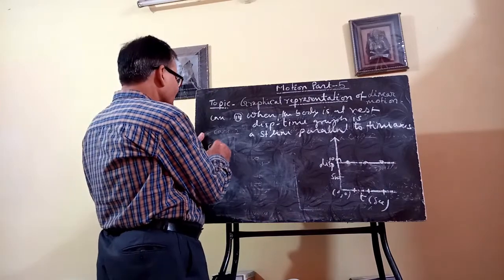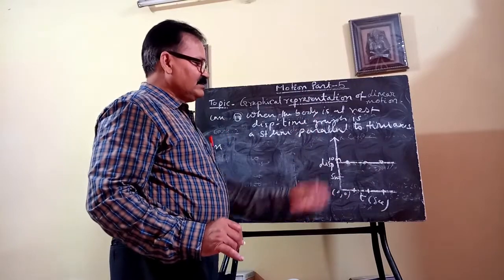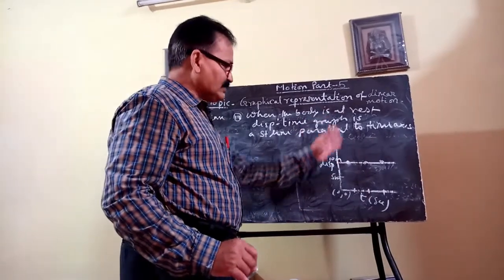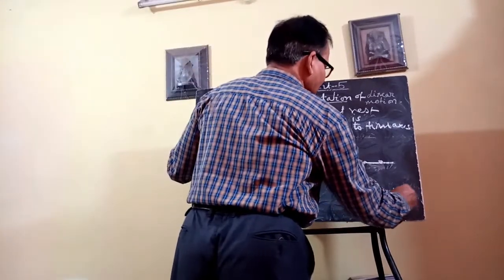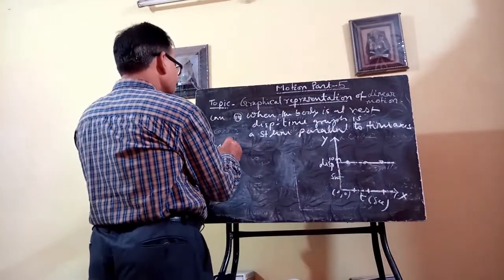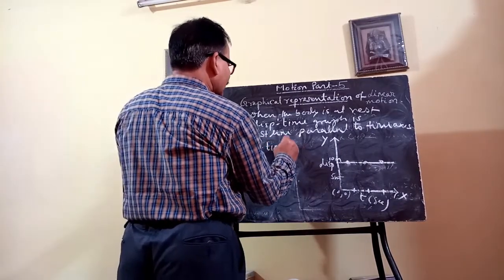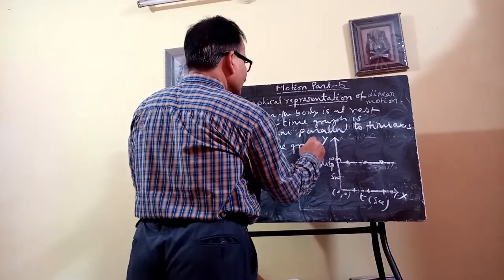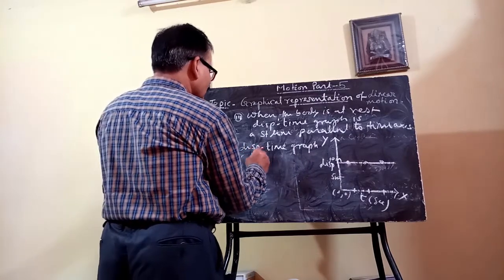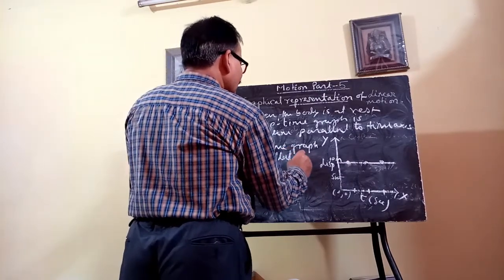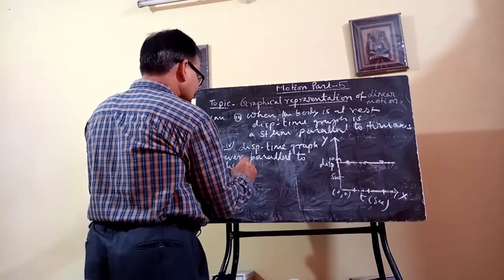Another case, the displacement time graph can never be a line that is parallel to your y axis. You again have to keep in your mind that the displacement time graph is never parallel to the y axis, that is your displacement axis.